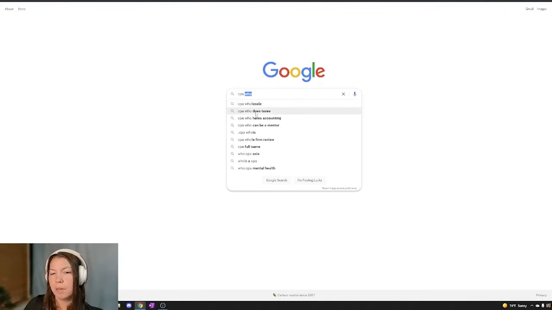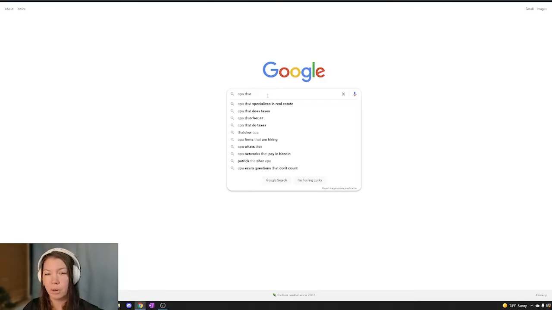If the keyword pops up here, it means that more than one person is searching for that same thing. So it's just something to keep in mind so that you are staying up to date with how people are searching for your keywords. Another one is keyword that.